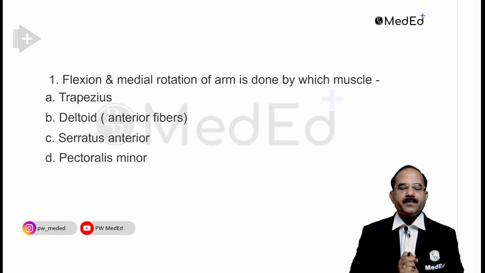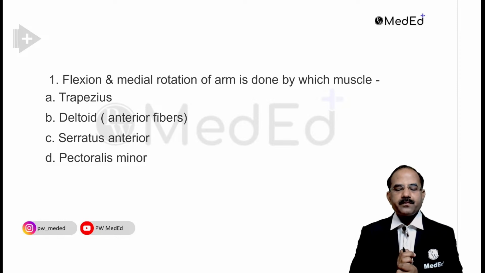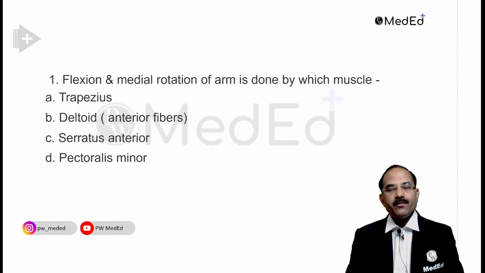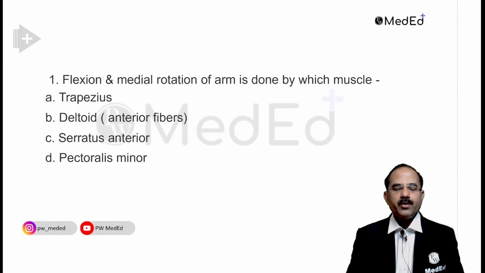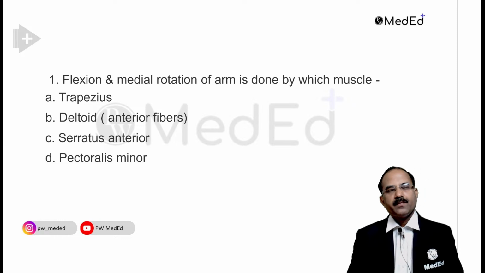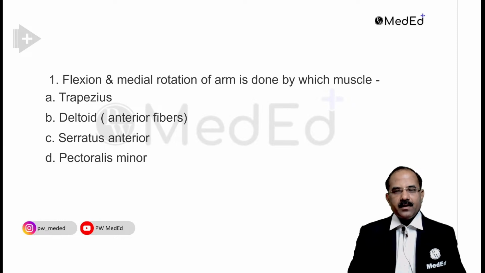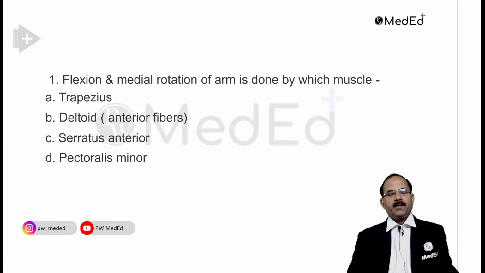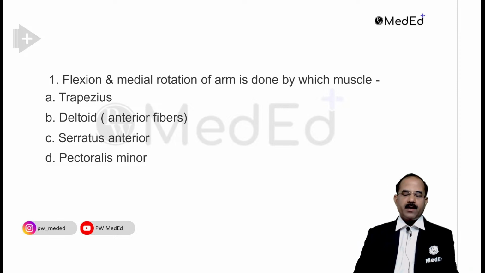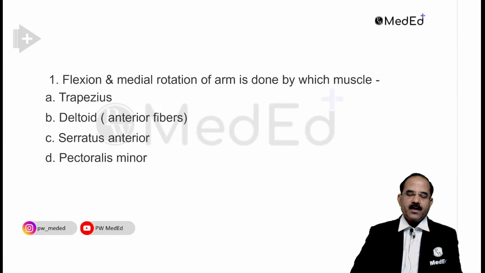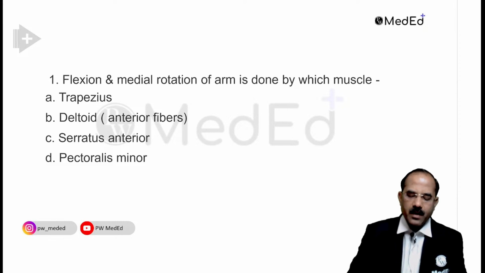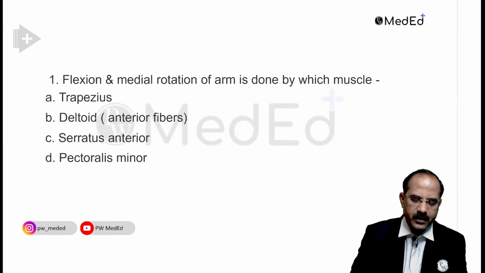Option A: trapezius, deltoid, serratus anterior, pectoralis minor. Flexion and medial rotation of the arm is done by the deltoid, anterior fibers of deltoid.